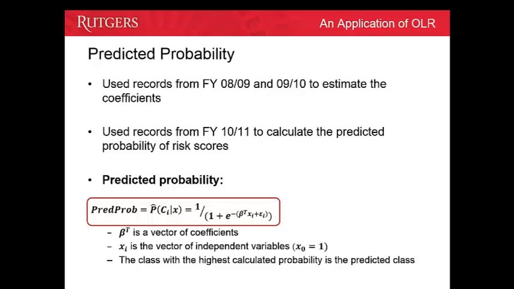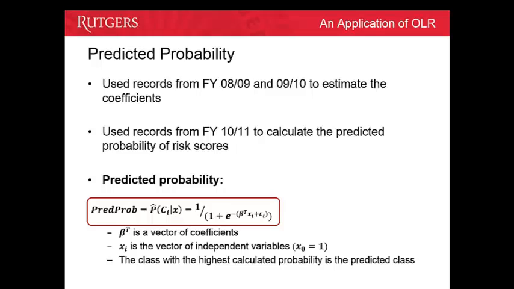So we used the data from fiscal years 2008 through 2010 to estimate the coefficients, and then we used those to calculate the probability of each observation from fiscal year 2010-2011 falling in each of the three classes of the dependent variable using the formula that shows here.